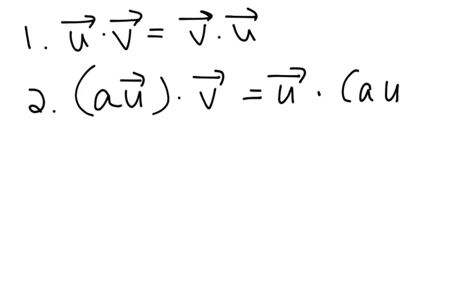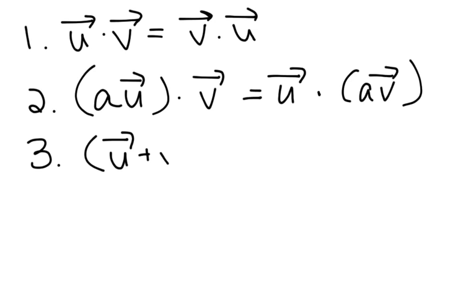I could have multiplied that scalar times the other vector first before I perform the dot product. So it follows the distribution property. It also follows the associative property. So if I want to add two vectors and then do the dot product with a third vector, it's the same as if I were... I guess what I'm writing and what I'm saying are not the same thing.